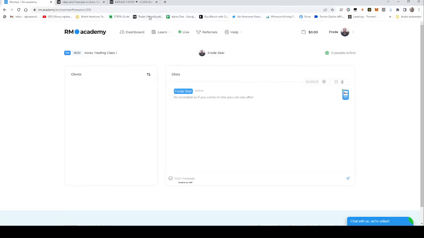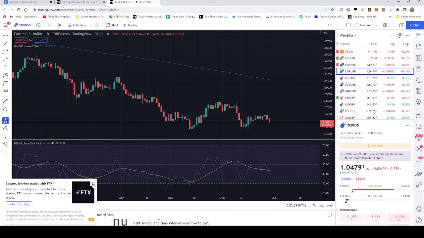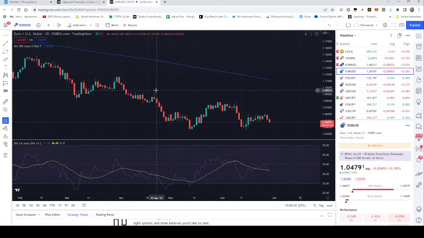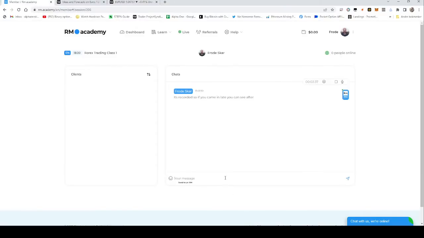So, the first indicator we are going to talk about right now, and I will do everything on euro against dollar because it's the most used pair for Forex. And I guess most of you, when you start trading Forex, will start to use this pair also. It's the most traded pair in Forex, so I think it's the most logical one to use for this session. And also I will check in around every 10 minutes or so to reply to any questions.